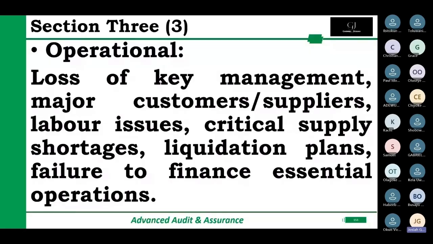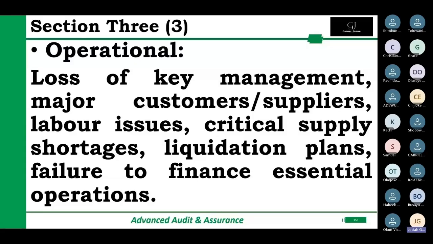Major customers or suppliers not providing materials or services to the organization, labor issues, strikes, action by maybe staff union and all that, critical supply shortages for production or manufacturing, liquidation plans, failure to finance essential operations are operational factors that indicate potential doubt on the going concern of a company.